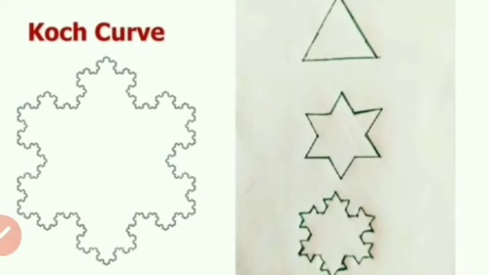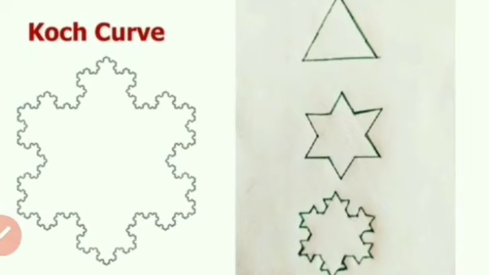Unlike the Hilbert curves, it doesn't fill an area. It doesn't deviate much from its original shape. If we reduce the scale of the curve by 3, we find a curve that looks just like the original one, but we must assemble four such curves to make the original.